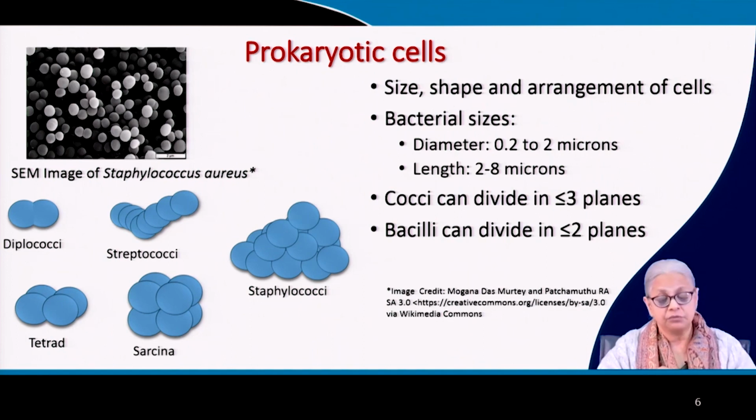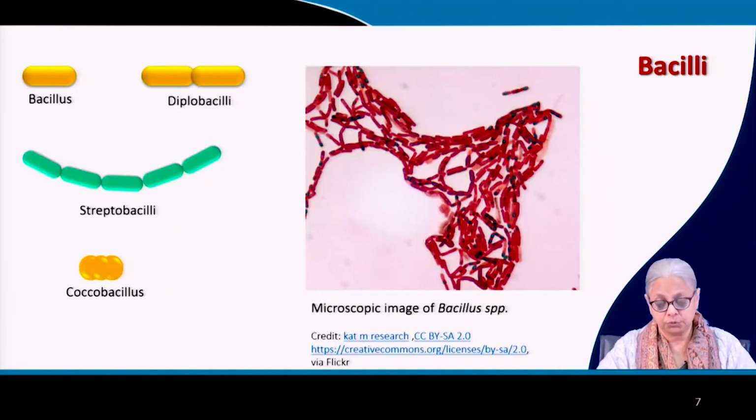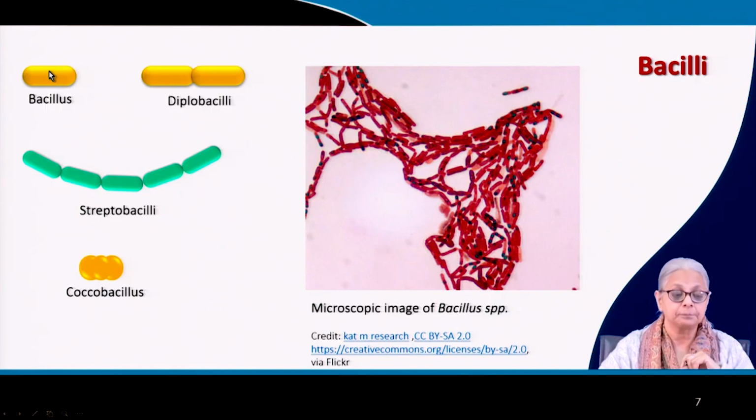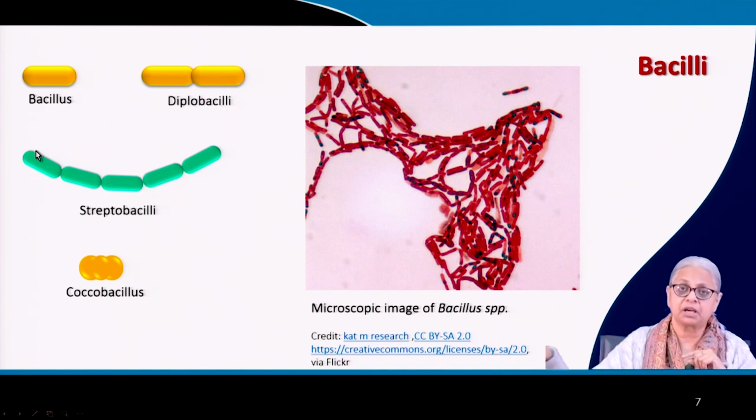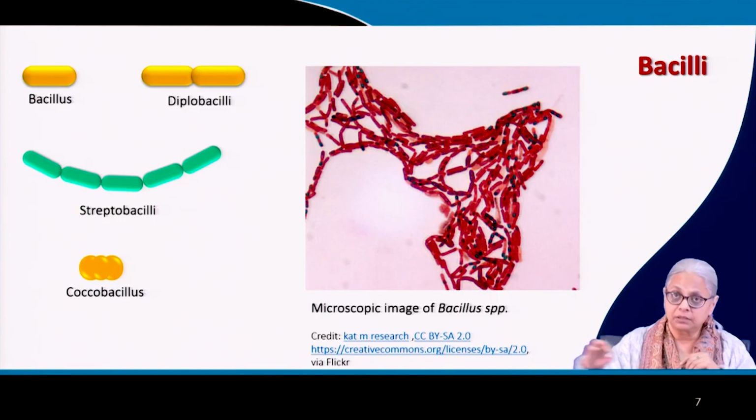Bacilli are slightly different. They are rod-shaped bacteria. So here we have bacilli species. You can see they are all elongated rod-shaped bacteria. This is a single bacillus. If it divides in one direction, you get diplobacilli. If it continues to divide in the same direction, forming this long chain or filament, you get streptobacilli, same nomenclature.